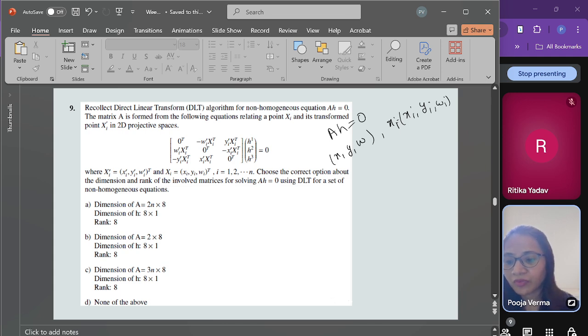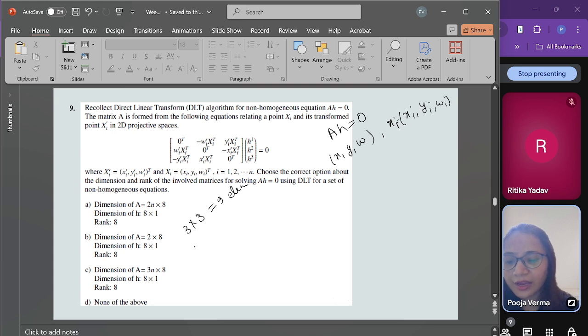First we need to determine the dimension of H. Here the vector H represents the elements of the 3 cross 3 homography matrix H, right? So it has a total of 9 elements.